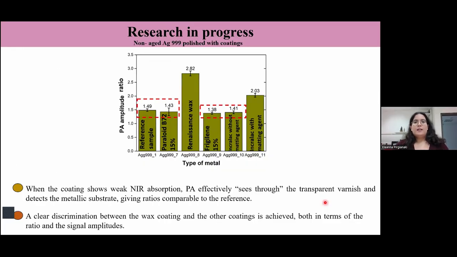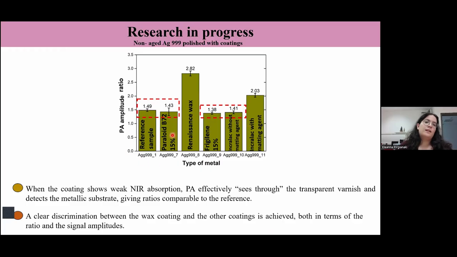Now again in metals, we have carried out some preliminary measurements on silver 99999. They are all polished coupons, but they are coated with five different kinds of varnishes: Paraloid, wax, Frigilene, Ingralac with matting agent, and Ingralac without matting agent.